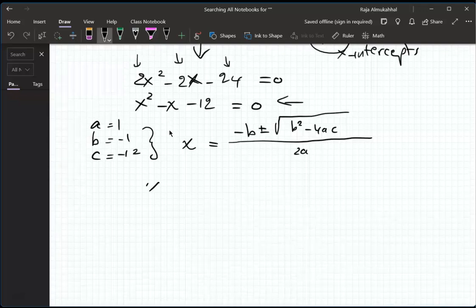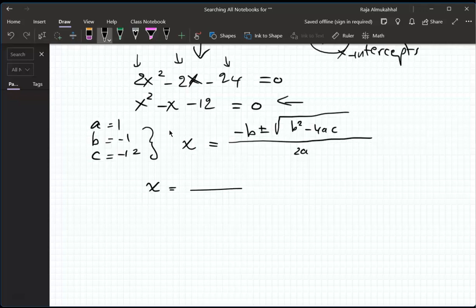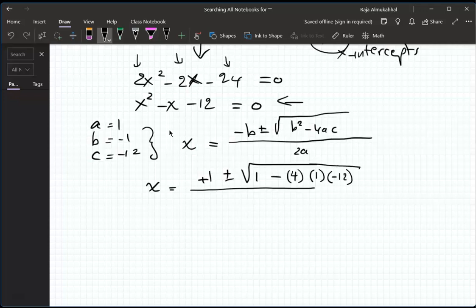So I have here x equals. Minus b, that will be plus 1, plus or minus square root of b squared, which is 1, minus 4 times a, which is 1, times c, which is -12, just like that, divided by 2 times a, which is 1. You see what I'm saying?